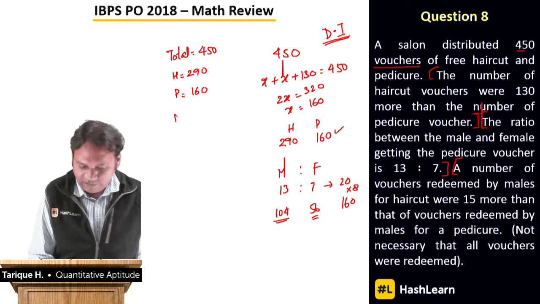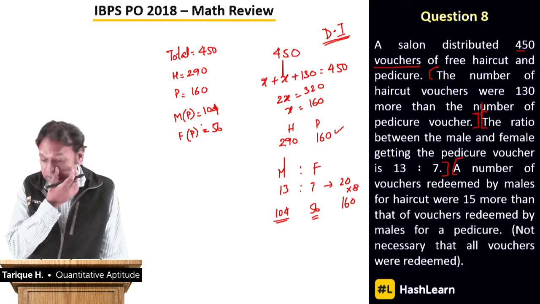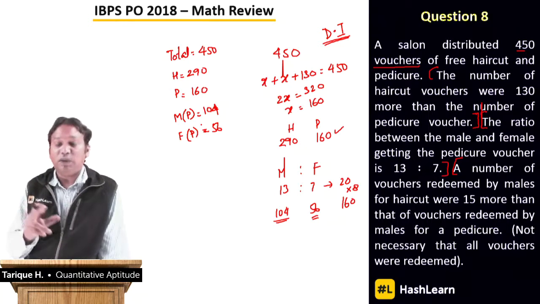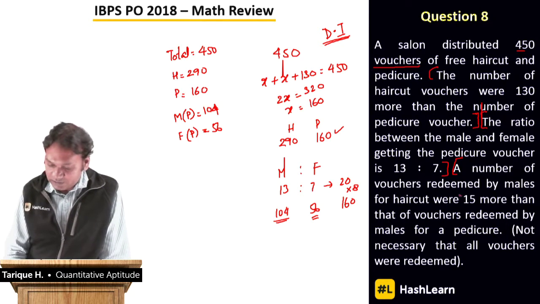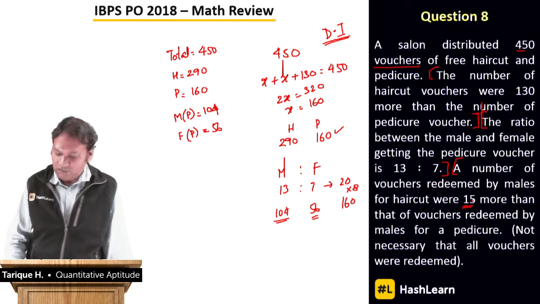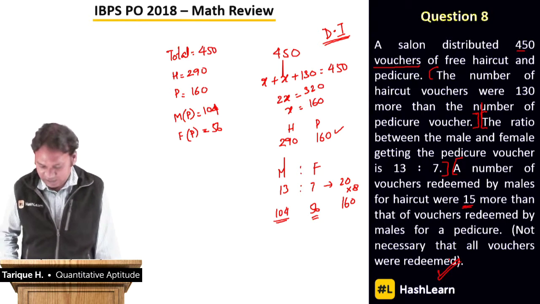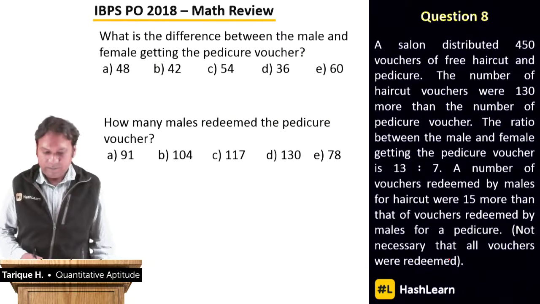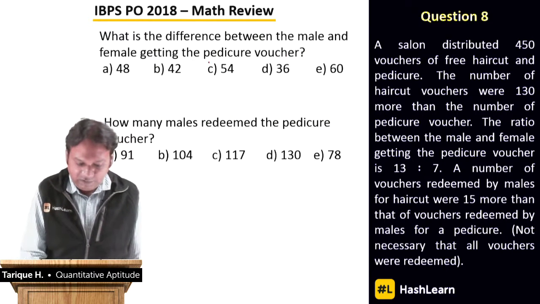Males who have the pedicure vouchers we know is 104, and females who have the pedicure vouchers is 56. This much data we have right now, and vouchers redeemed and having vouchers are two different things here. Not necessarily that all vouchers were redeemed, that also the question is mentioning, and then we have to solve the question. What is the difference between males and females getting the pedicure voucher?